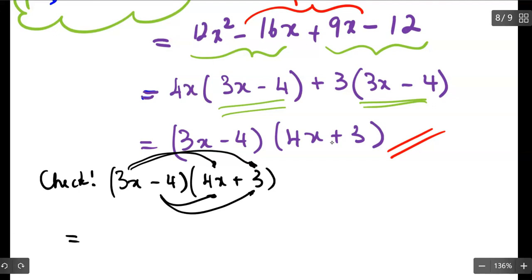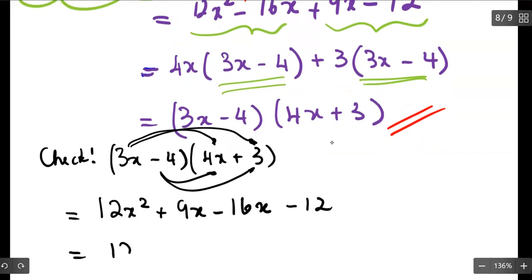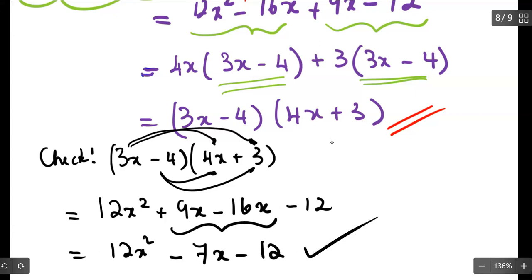So I should have 12x squared plus 9x minus 16x minus 12. So right here I should have 12x squared. Combine these terms, I should have negative 7x and minus 12. So I got it correct.